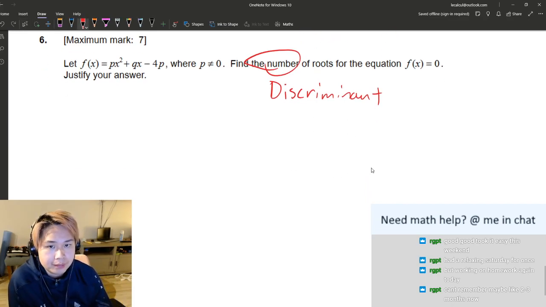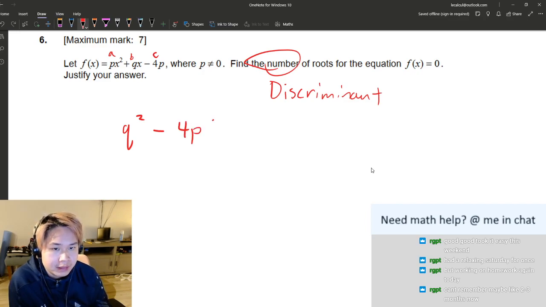So what do we got? This is A, this is B, this is C. So the discriminant is b squared, which is q squared, minus 4 times A times C.